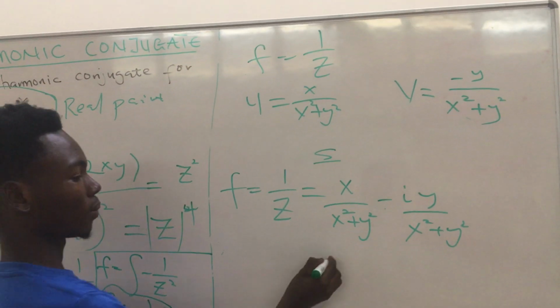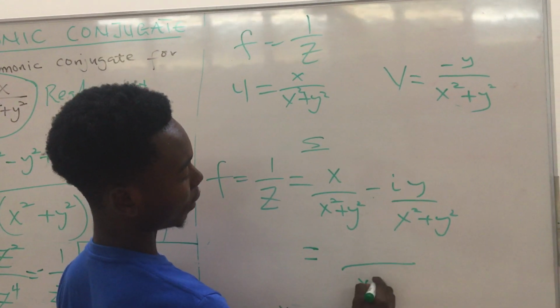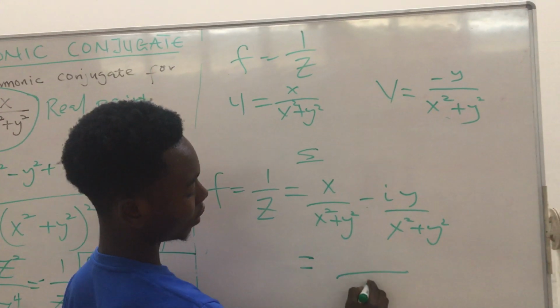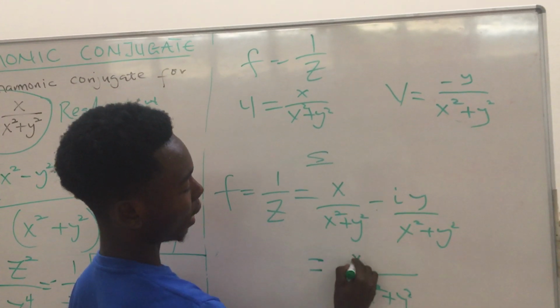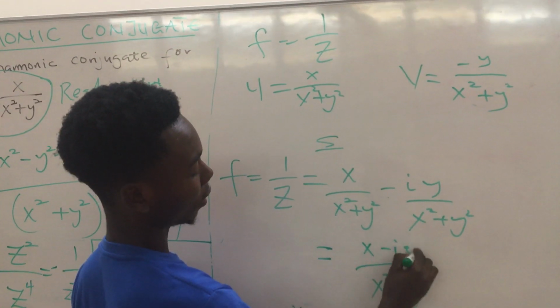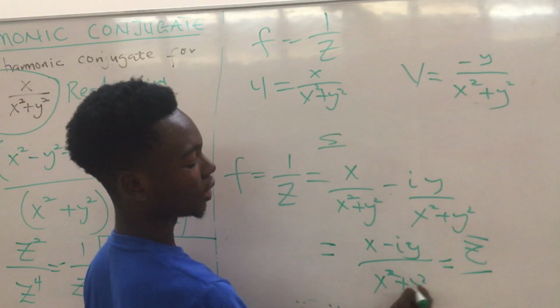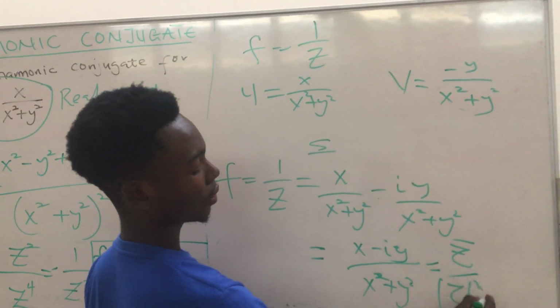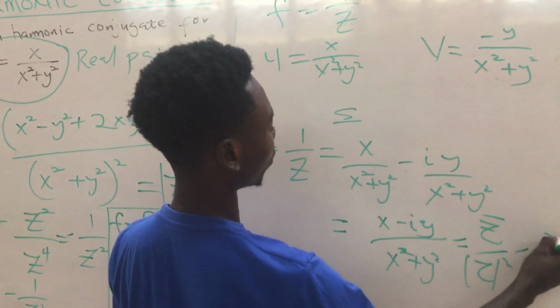So looking at this, the same denominator. So this will give us this, and then this will be what? X minus iy. So this is what? The conjugate of z, and this is what? Z, the length of it, squared. So this is the same as what?